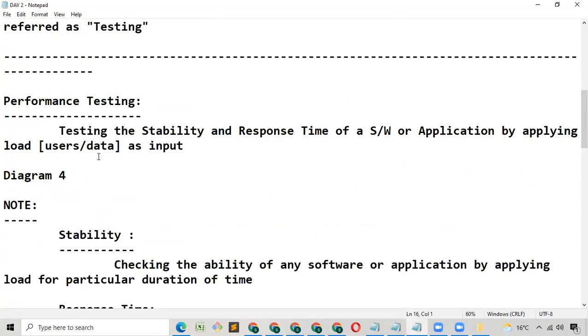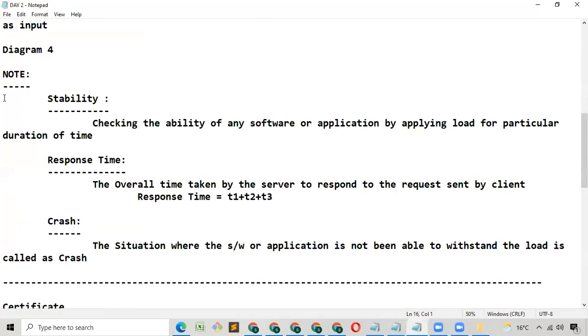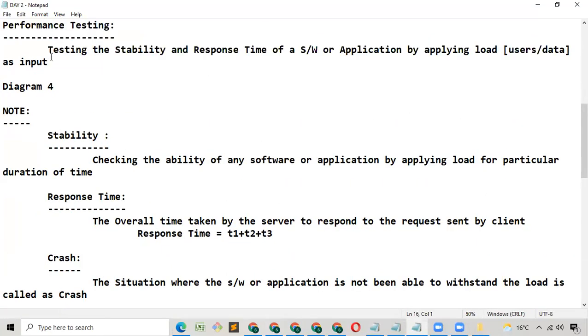Next, I have just taught you the topic called performance testing. Let me open that particular notes. If I ask you the definition of performance testing, how many of them are able to tell the proper answer without by-hearting or mugging up the things? Yes sir, I'll be able to tell. How many of them are confident?